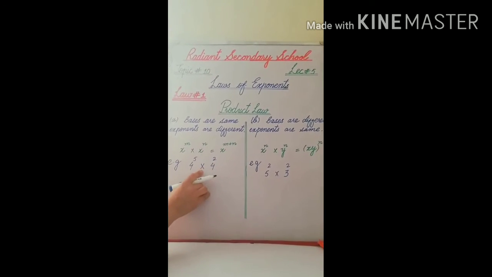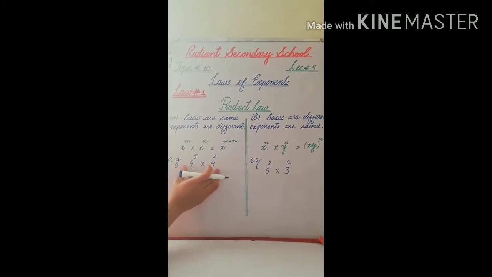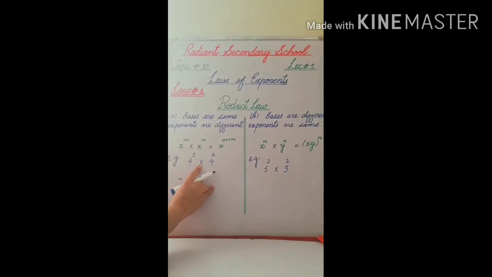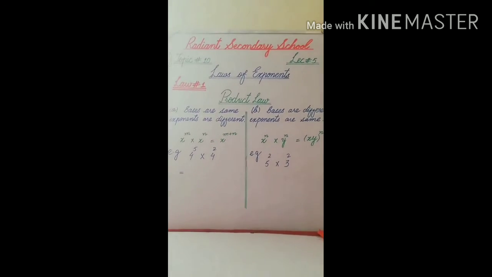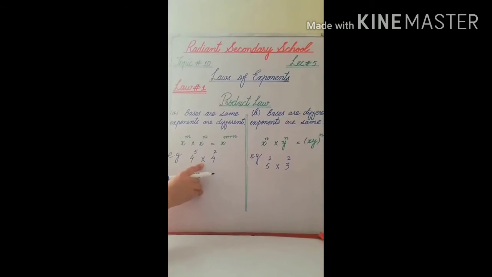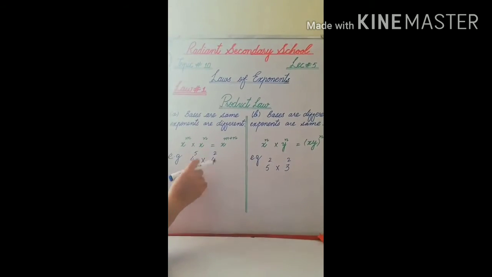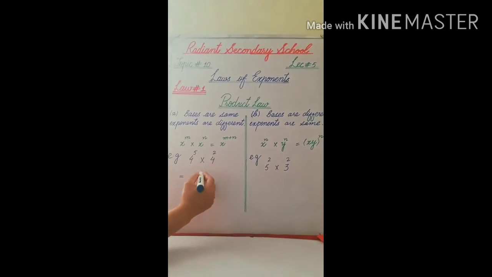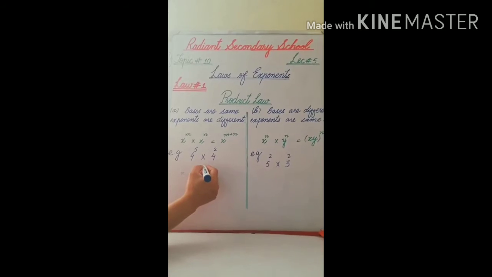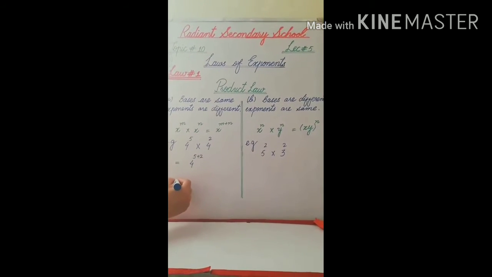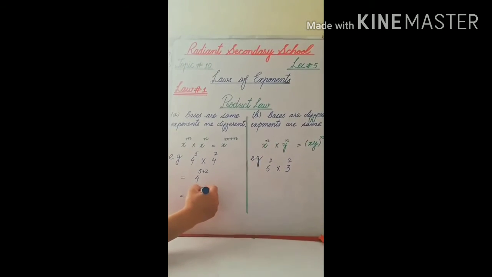Multiply sign is coming between two exponential numbers, so it means this is a product law. We have to recognize which law is there. When multiply sign is coming between, it means this is a product law. When bases will be same, then we have to add their exponents. 5 plus 2, then answer will be 4 raised to power 7.